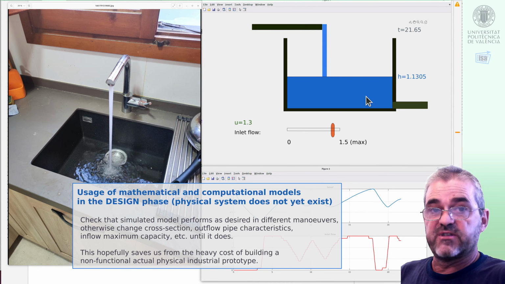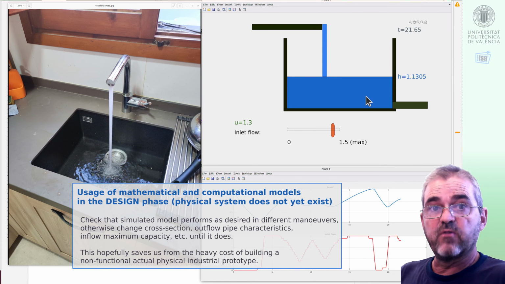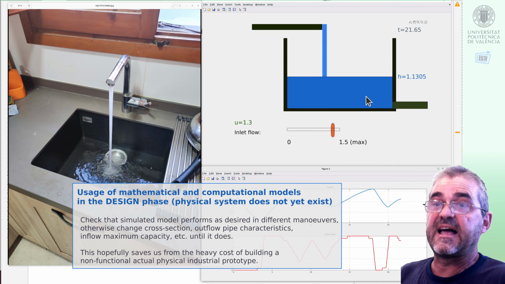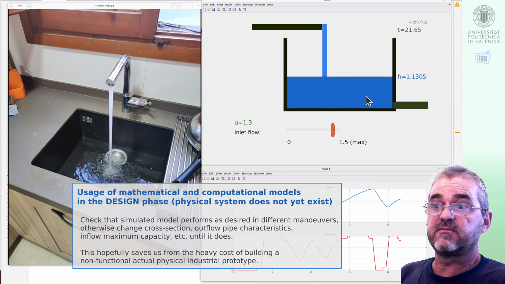So computational models save a lot of money because we can avoid wasting time and resources building prototypes that will not work as intended. So computational models and simulation are nowadays of key importance in the design phases before building things.